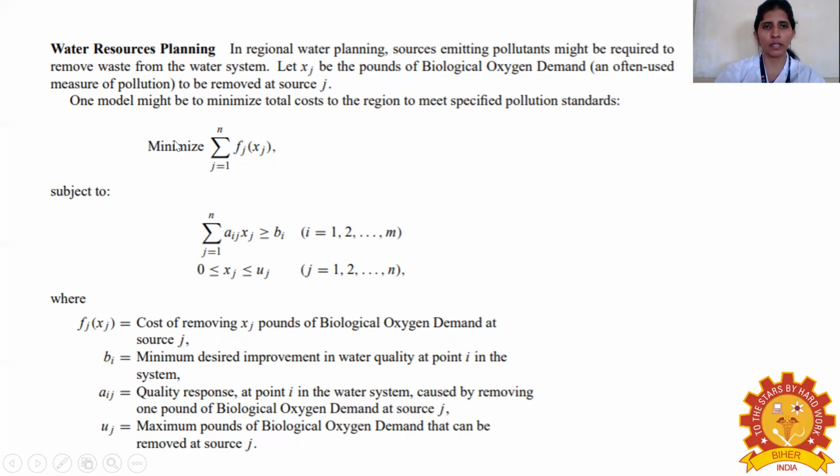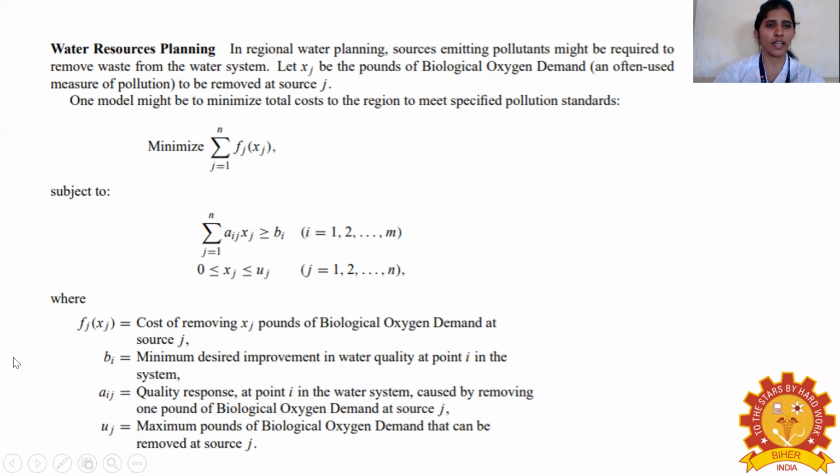So we are using minimization of summation j equal to 1 to n fj of xj subject to the constraints summation of j equal to 1 to n aij xj greater than or equal to bi, where i varies from 1 to m, and 0 less than or equal to xj less than or equal to uj, where j varies from 1 to n.